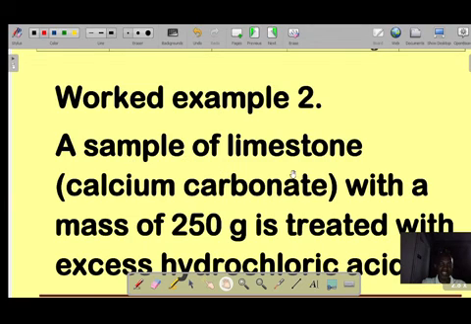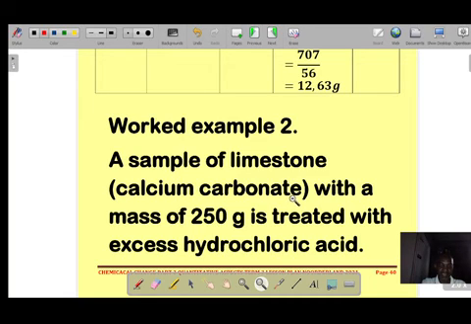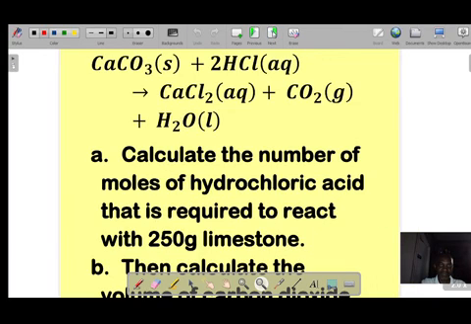Okay, let's take example 2. A sample of limestone, that is calcium carbonate, with a mass of 250 grams is treated with excess hydrochloric acid. With excess what? Hydrochloric acid. And then let me read it again. A sample of limestone, that is calcium carbonate, with a mass of 250 grams is treated with excess hydrochloric acid.